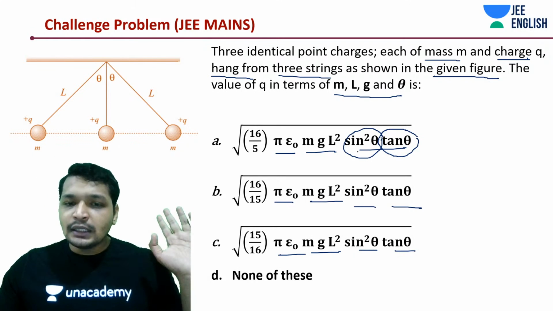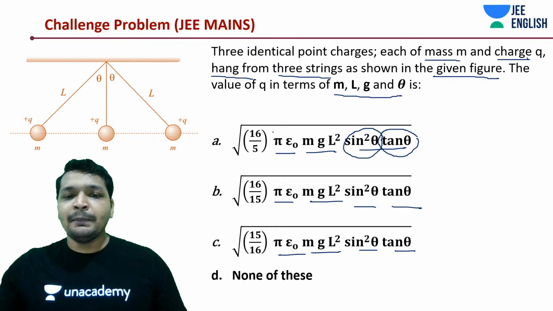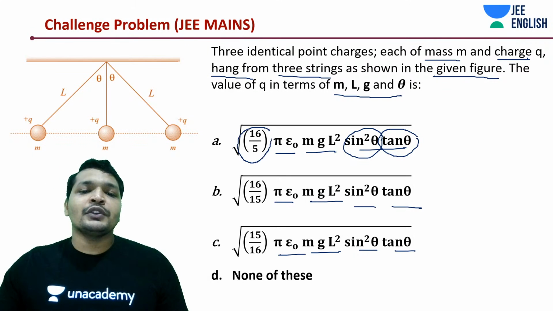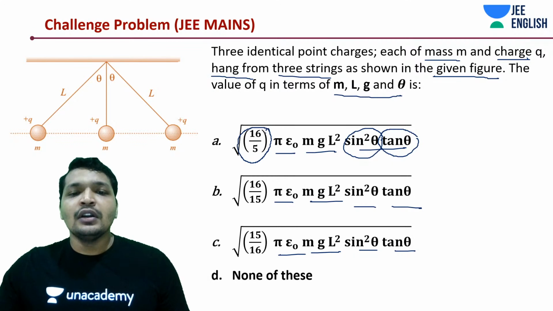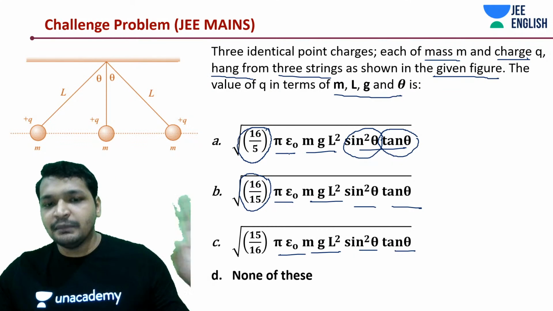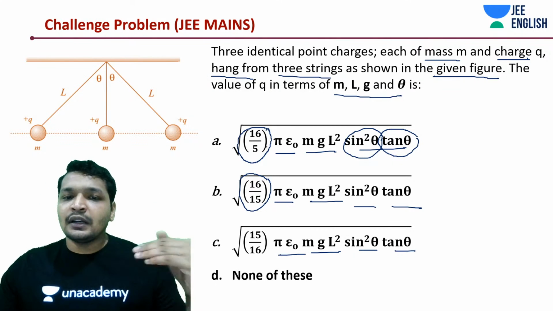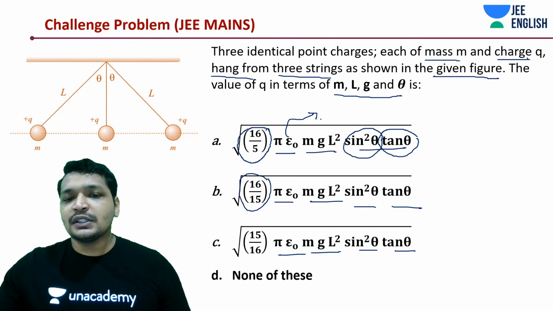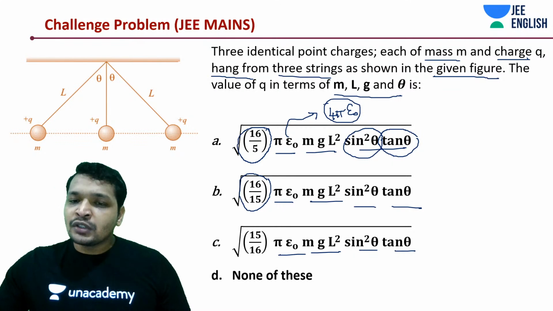These are basic hints you need to pick up, and maybe you don't want to completely solve it, but come to the answer based on the things given in the options. You need to play around with the numbers, and epsilon naught being outside means this has been expanded from 4 pi epsilon naught. Okay, so let's get into the problem.